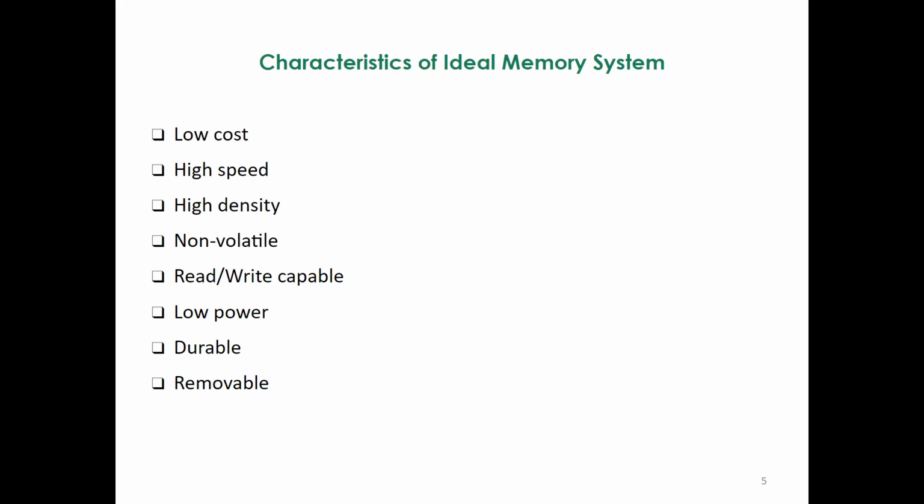Okay, it uses energy efficiently, especially important in our mobile computing domain, where you are worried about issues such as your battery life. So the processor ideally would love memory to be very easy on the energy, and then durable.